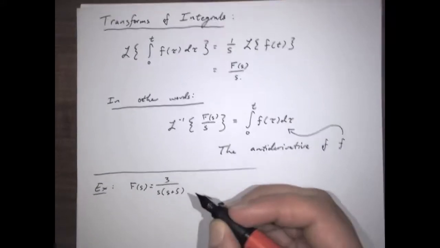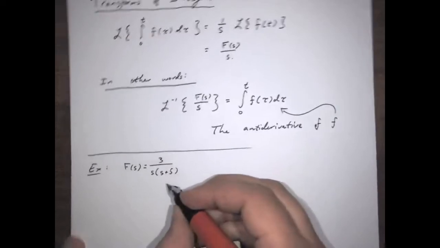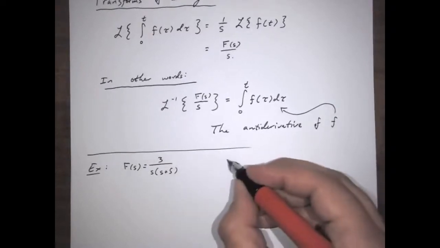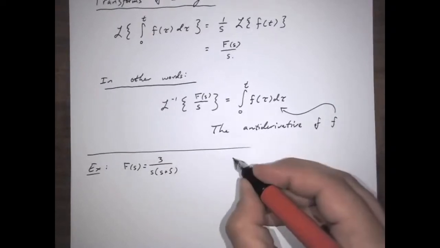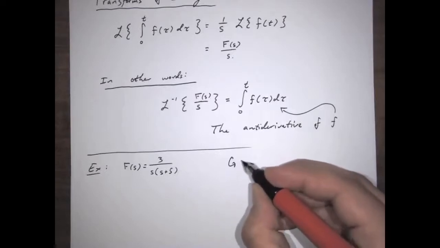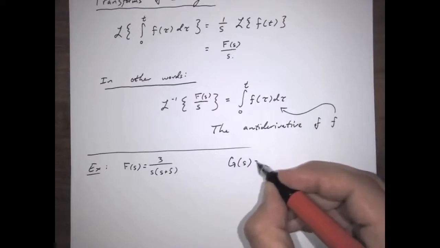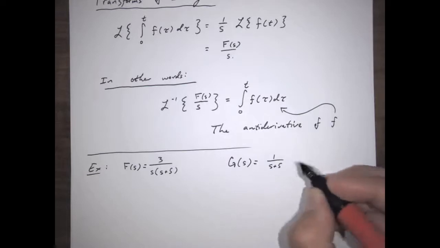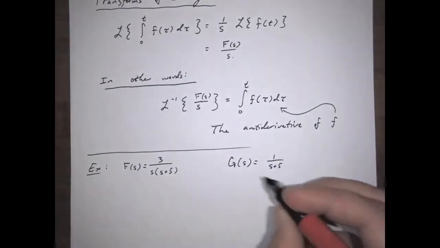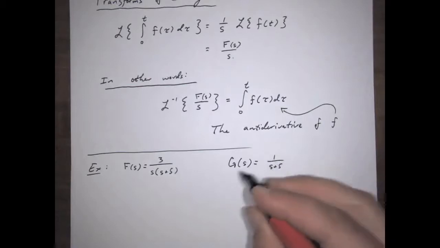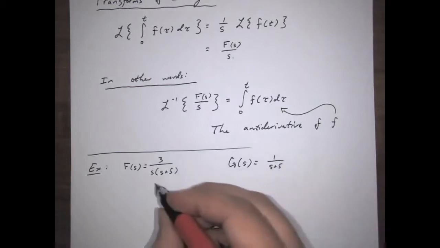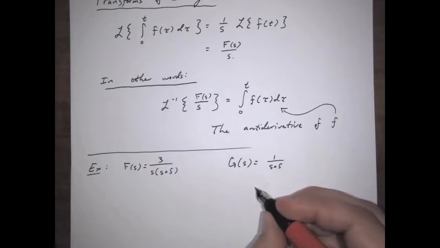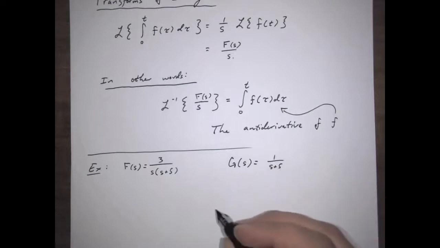Okay. So let's say then that G of s is equal to 1 over s plus 5. Then what we've got here is 1 over s times G of s.